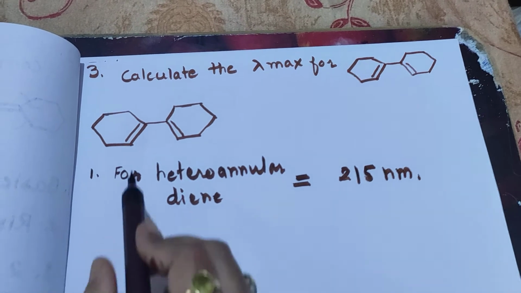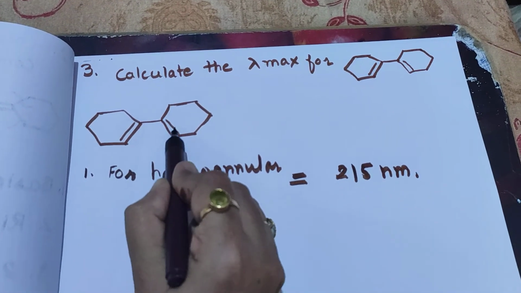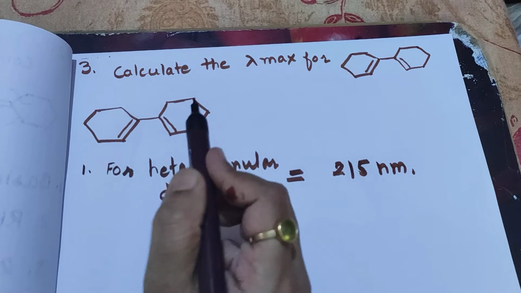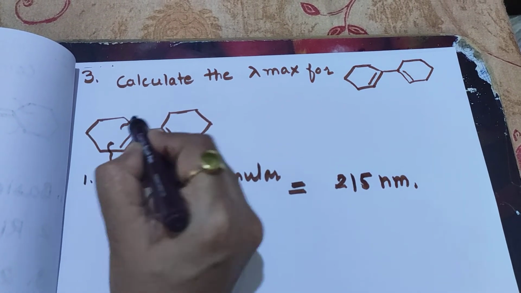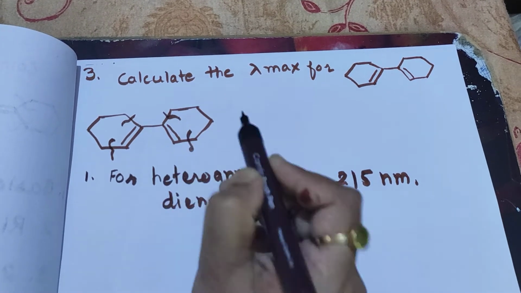Again, if we want to cut this structure from these two rings, then we have to cut the structure from these points: 1, 2, 3 and 4.